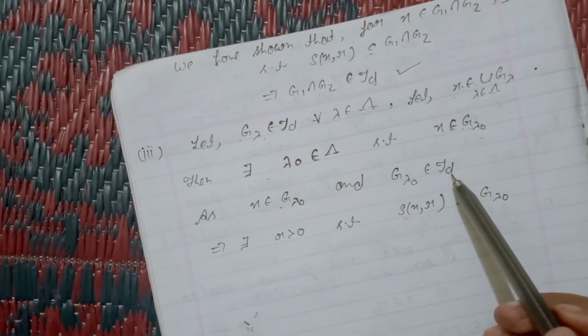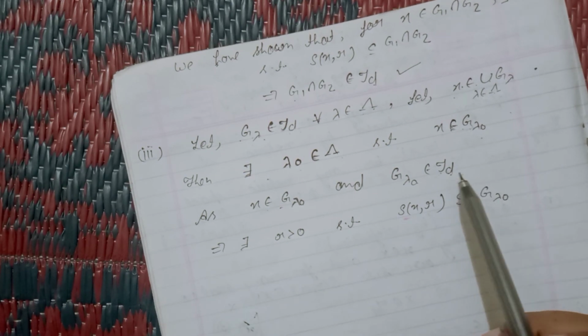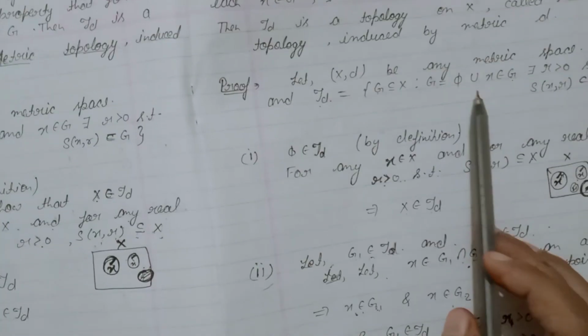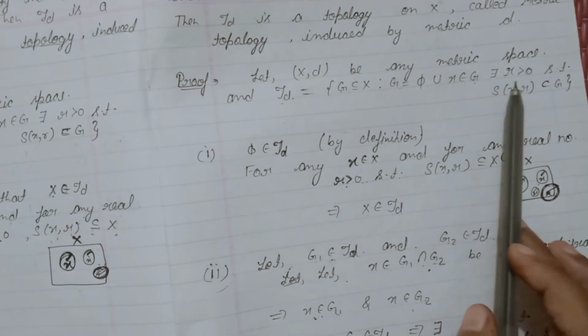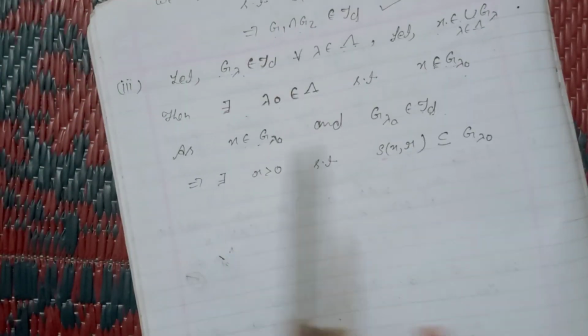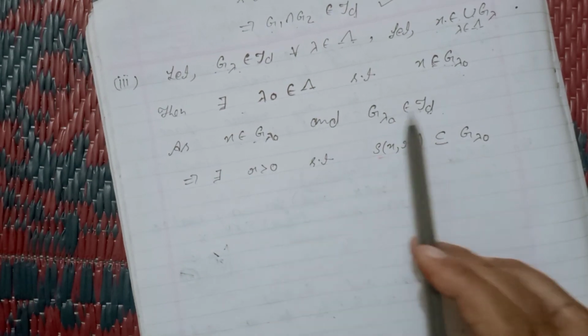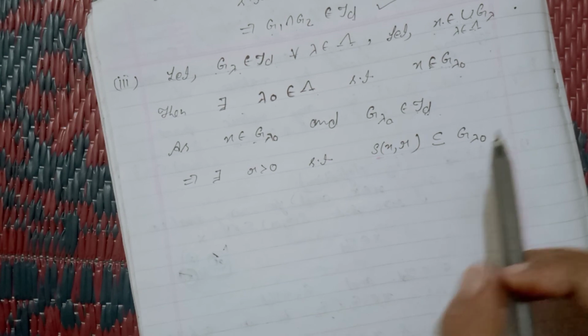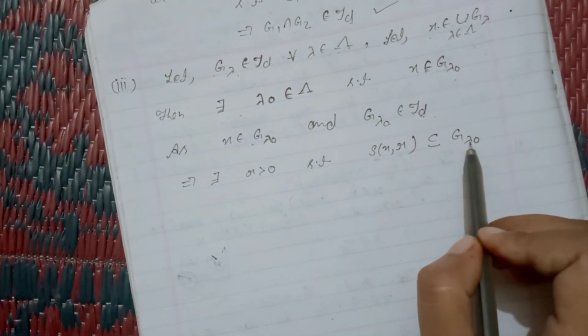If G lambda belongs to Td, then what is the definition of Td? The definition of Td is: G subset of X such that G is equal to phi, or for x belongs to G, there exists r greater than 0 such that S(x,r) is contained in G, right? So if G lambda naught belongs to Td, then this condition is satisfied.